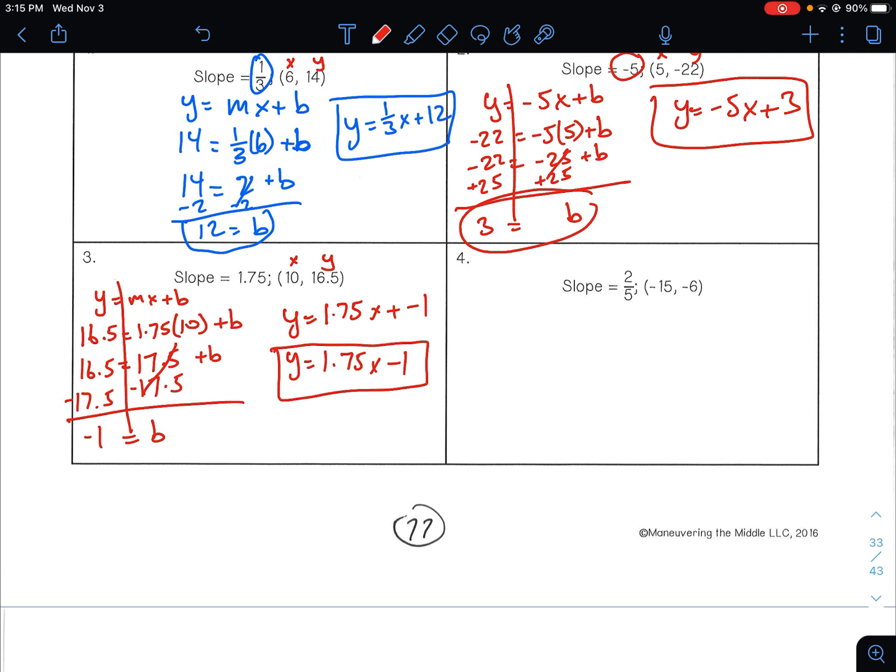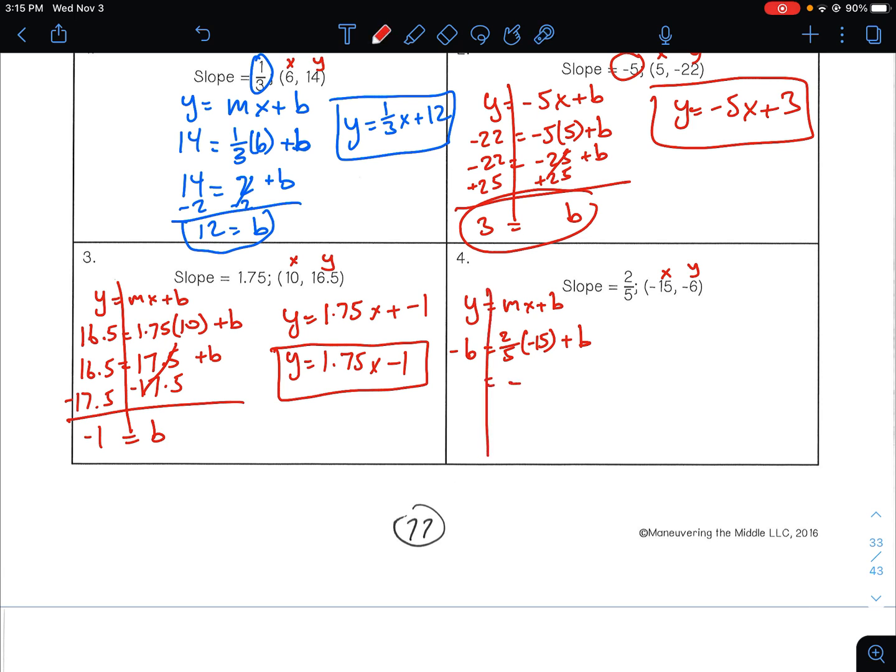Let's do another one. So again, y equals mx plus b. This is the x, this is the y. y is -6, m is 2/5, x is -15, plus b. So I need to be careful because my 6 looks a lot like b. So 2/5 times -15, a positive times a negative is going to equal a negative something.